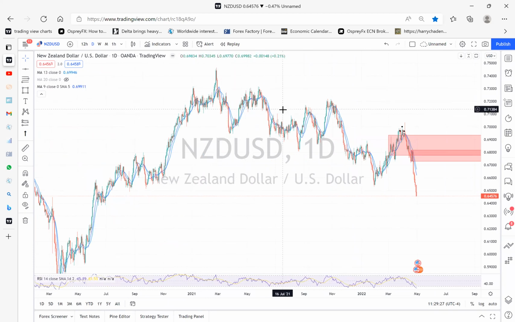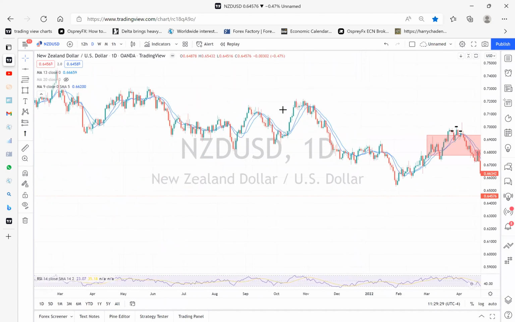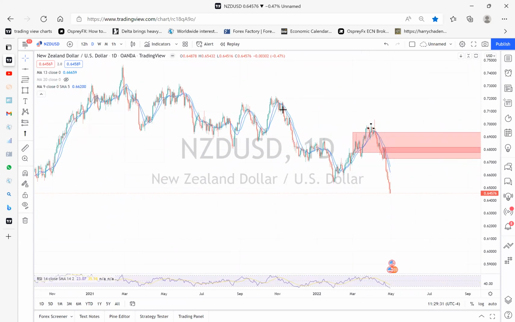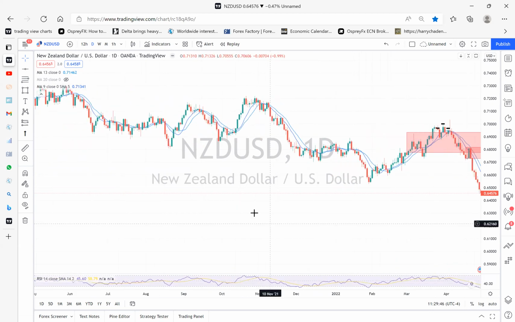Okay, well now I like some of the equal highs. So for the first step, I think everybody has to print off your schematics. And maybe you want to go back and label it after the fact, like upthrust after distribution.